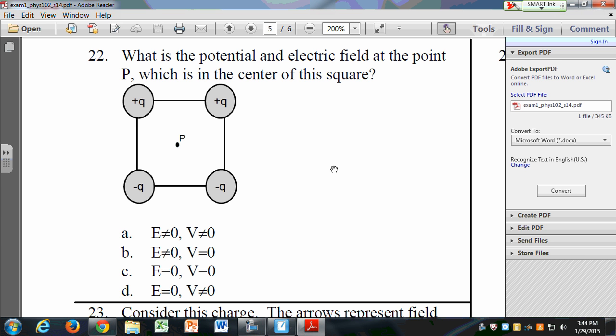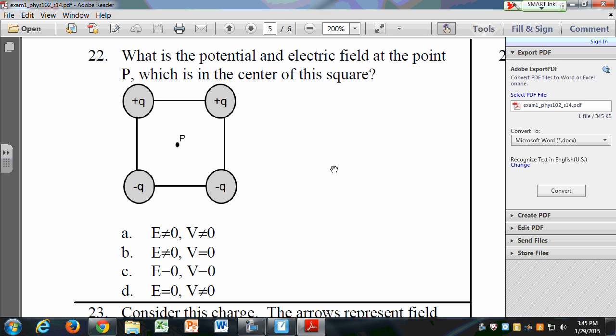Because the potential due to this charge cancels with this charge because it's equidistant from that point P, and these two charges also cancel out. Or I could say these two charges cancel out their potentials, and these two charges cancel out their potentials. But the end result is that the net potential, the total potential, is equal to 0.